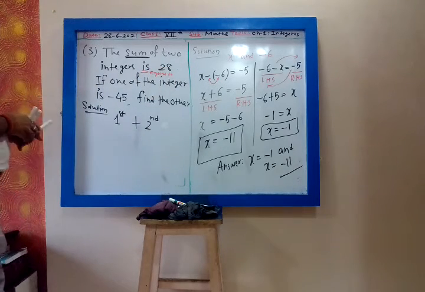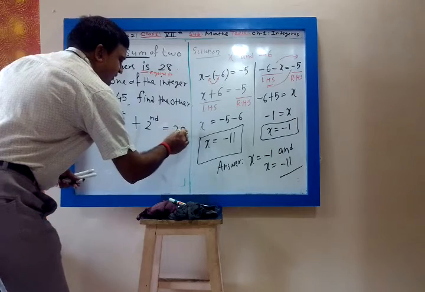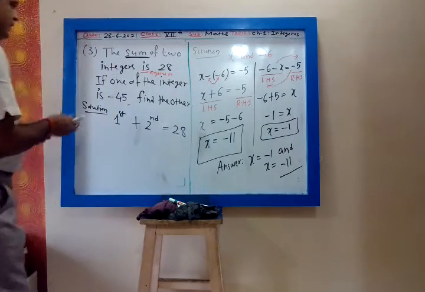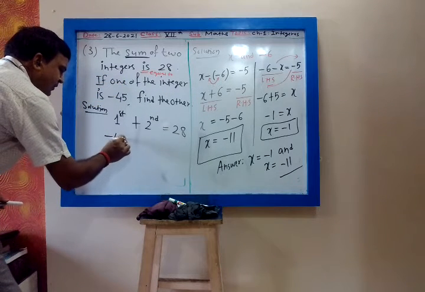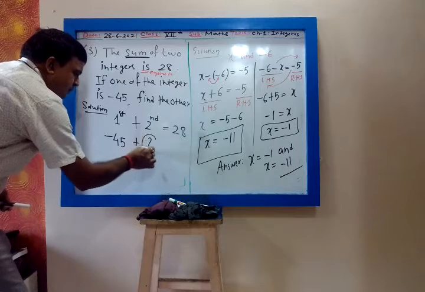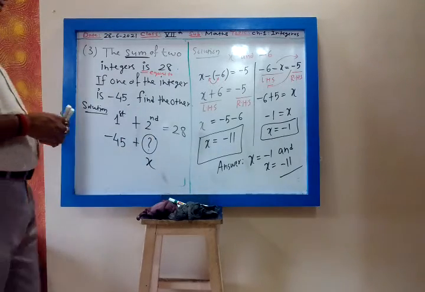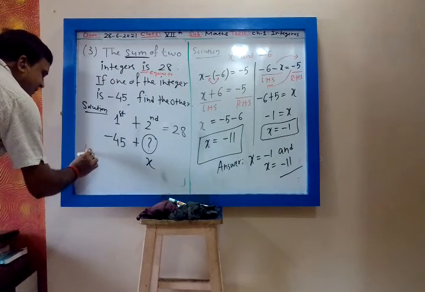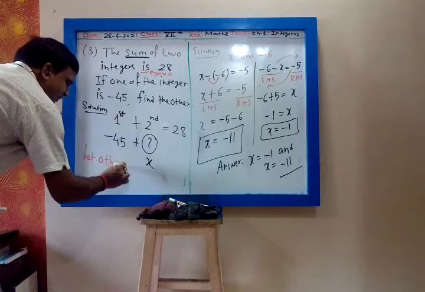So their sum is given as 28. The first integer is minus 45. Then it is asked to find the second integer, which we write as a question mark. So we write, let the other integer be x.